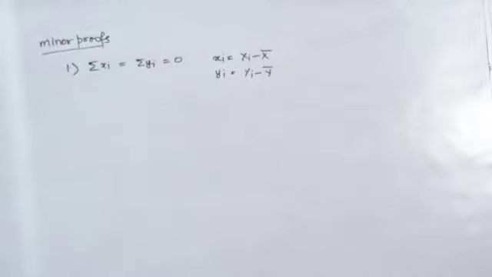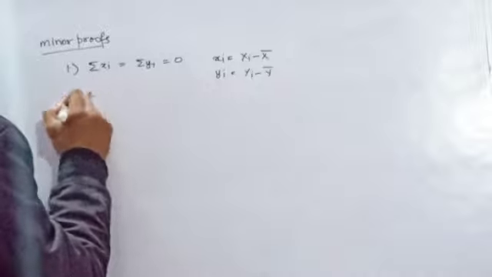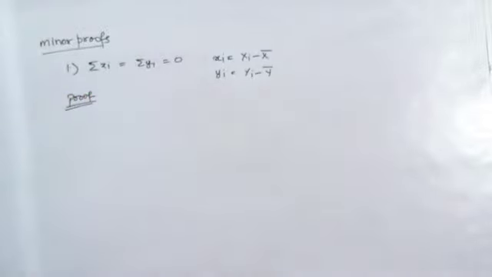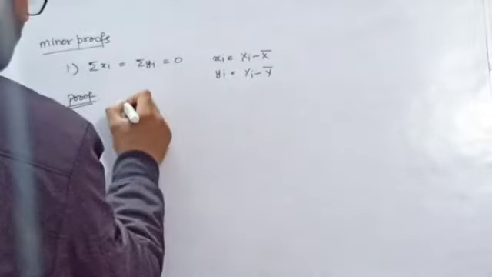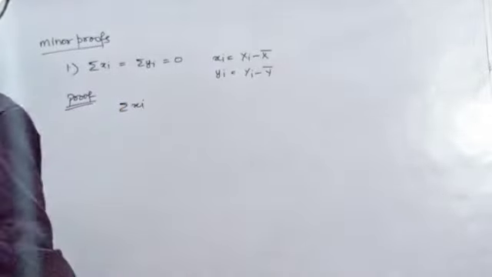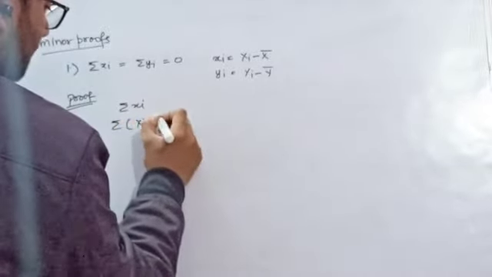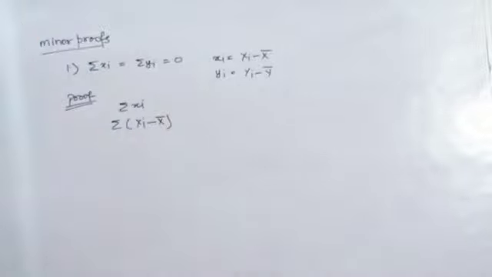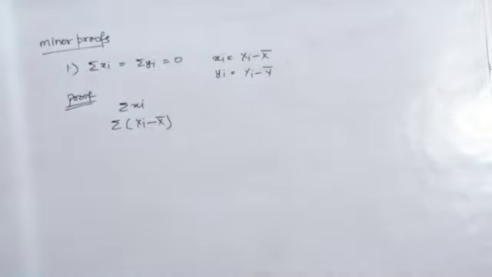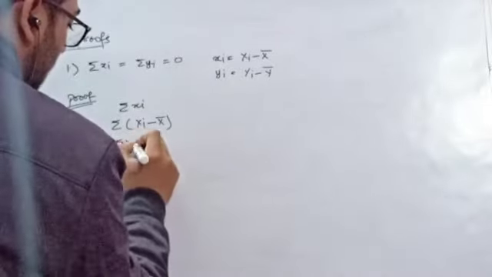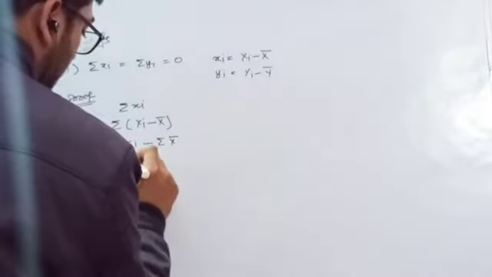Now its proof. Let's consider this one first. We can write summation of capital Xi minus x bar, which is summation capital Xi minus summation x bar.